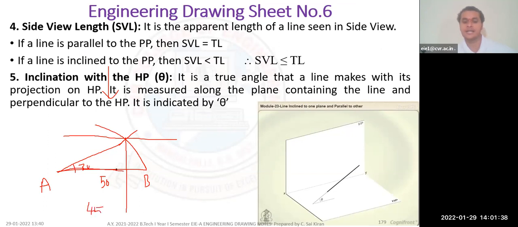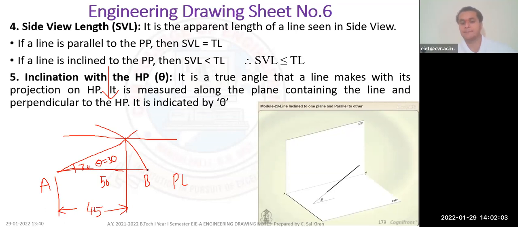So when I'm seeing from the top view, whenever I'm making any inclination theta, suppose the angle theta equals 30 degrees, then the length will reduce. I already explained that in the previous slide. So this is my plan length, top view. Whenever I'm seeing the top view, the length will be reduced.